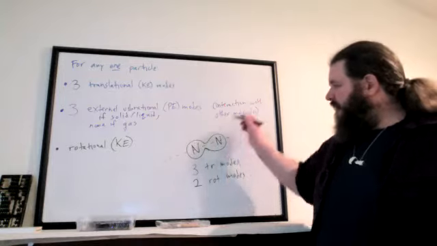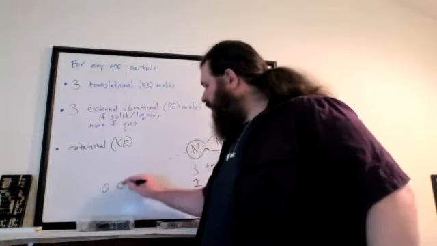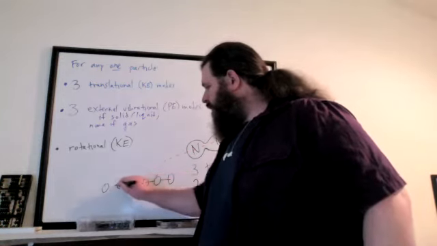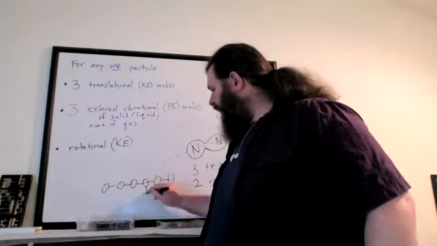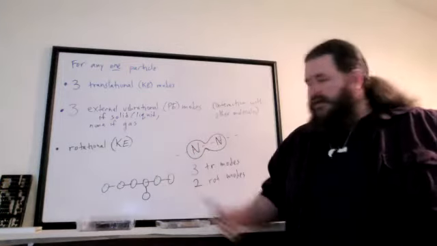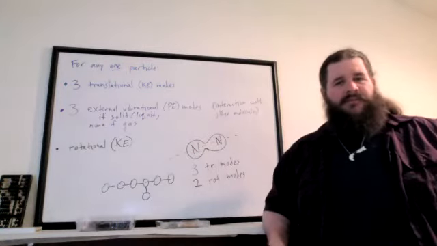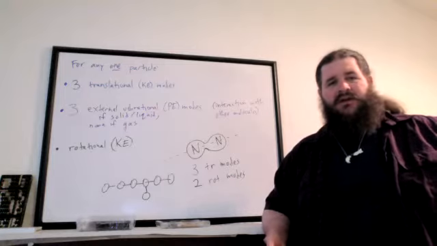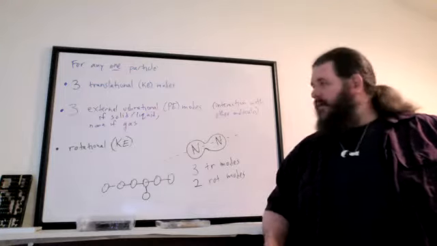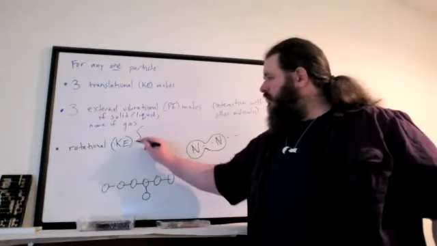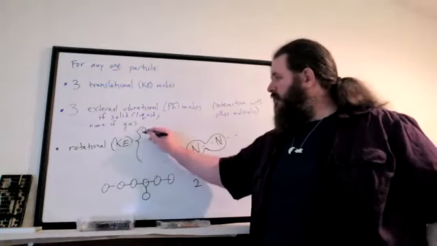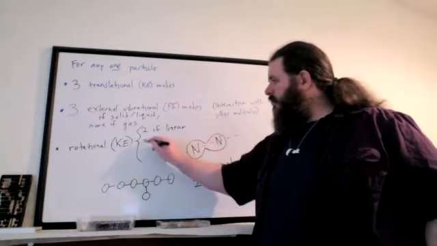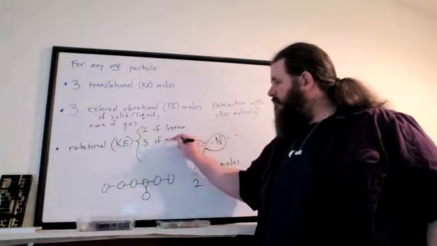But if there's even one atom that's off the straight line, if you've got a molecule that's entirely arranged on a straight line except for one atom that's off the line, that makes it nonlinear. If there's any atoms that are off of that straight line, that is a nonlinear molecule, and so it would have 3 rotational modes. So rotational modes, you could have 2 if it's linear in shape, or 3 if it's nonlinear.